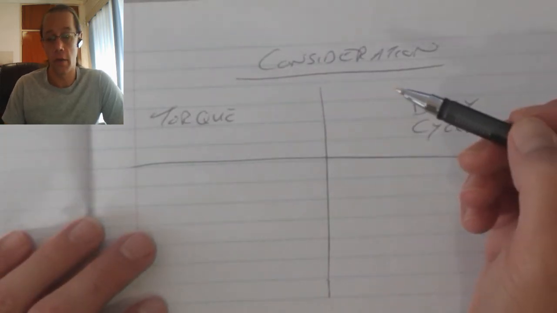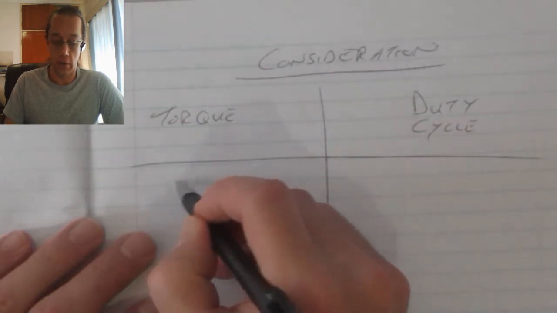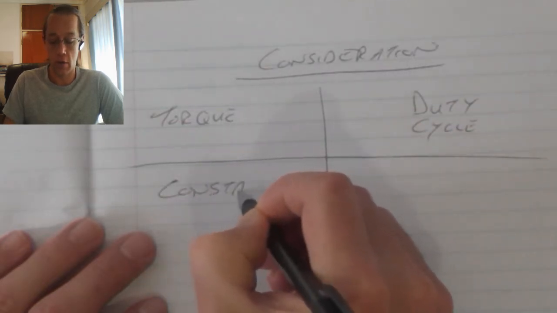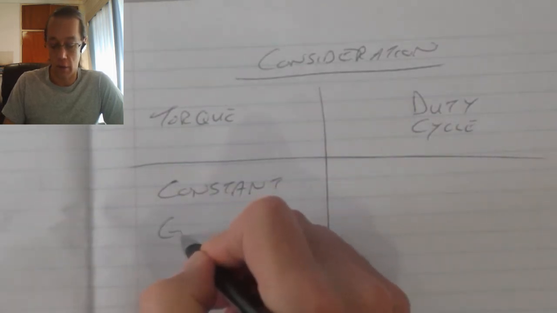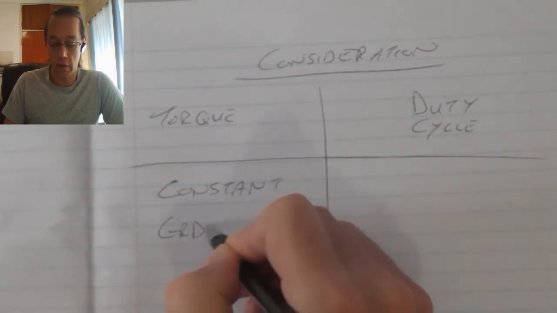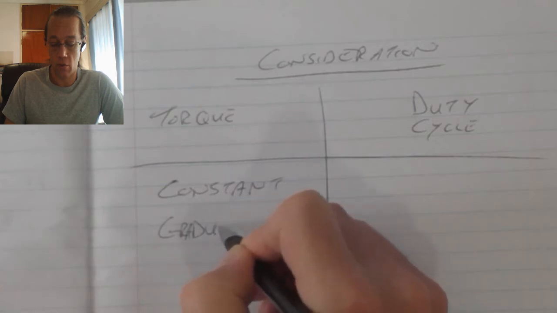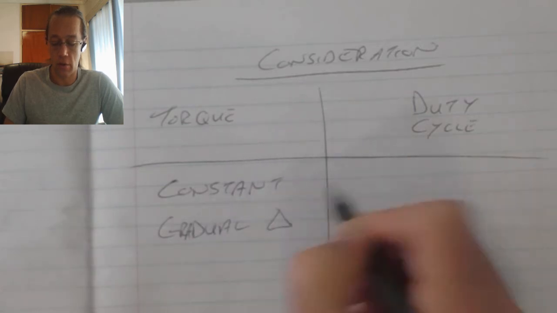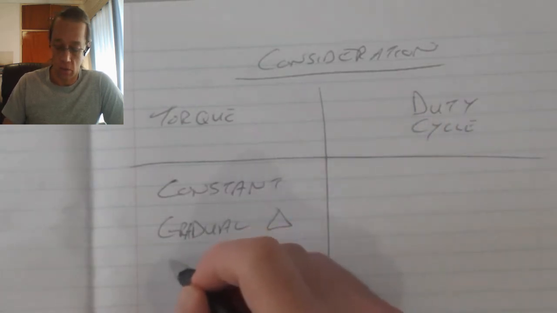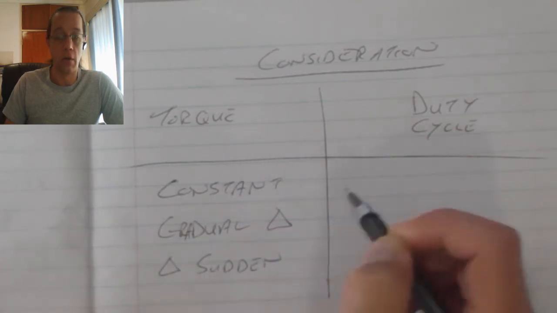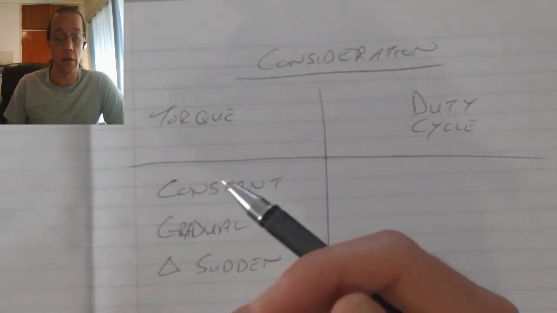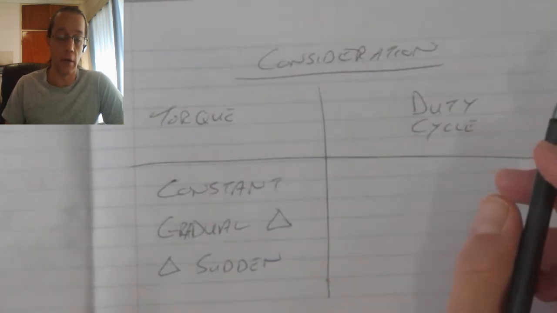What is that motor going to require? Are we going to need a constant torque? Are there going to be gradual changes? Or are the changes going to be sudden or abrupt? In other words, is there going to be quick and regular changes?